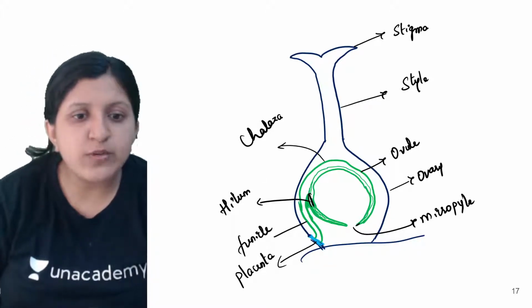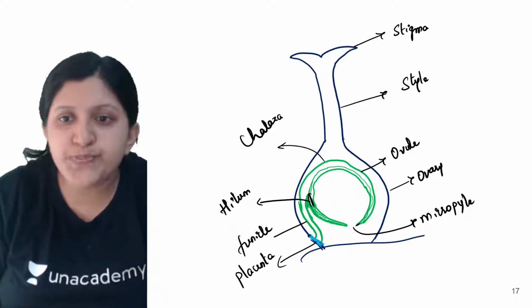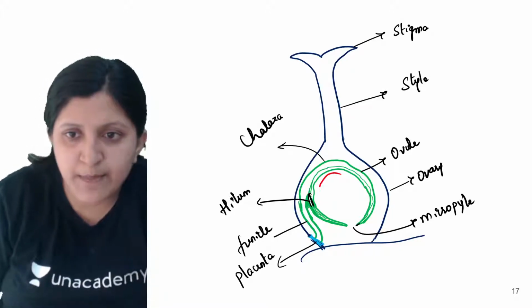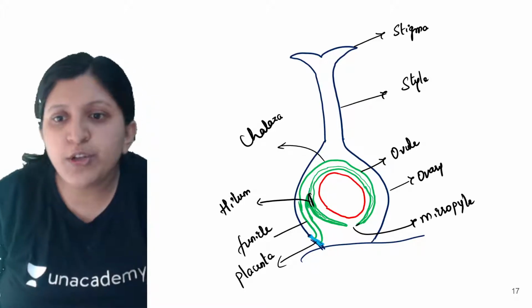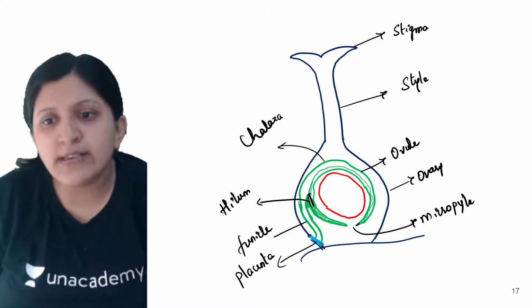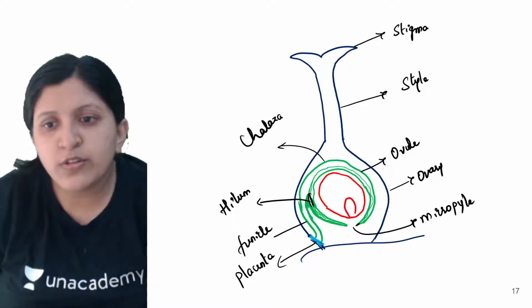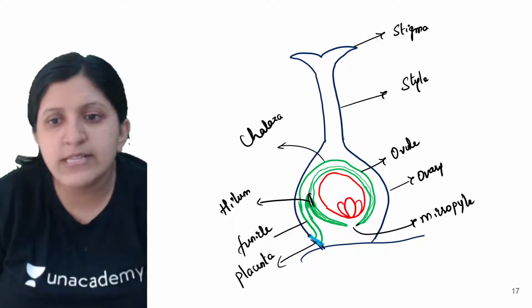Now with respect to that, inside we will draw a specific structure, that is the embryo sac, which is actually the female gametophyte. Here, towards the micropylar end, you can find the synergid cells, and this is a synergid cell.